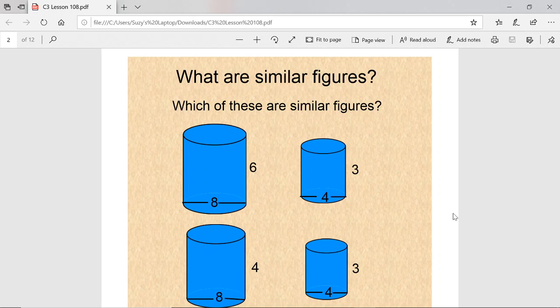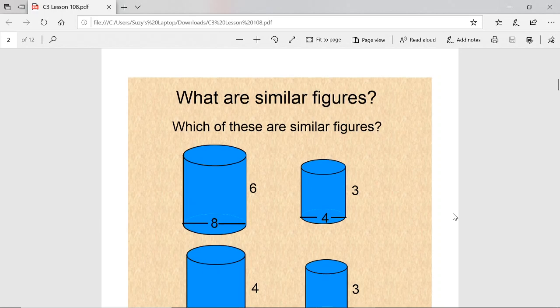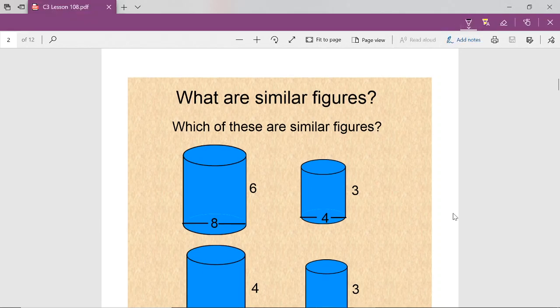So what are similar figures? Remember, if I were to look at a two-dimensional figure, let's say just a rectangle that's 2 by 3, I could say that I have a similar one that is half the size, so 1 and 1.5. The reason these are similar is because I have a scale factor from one to the other that is consistent between all of the sides.